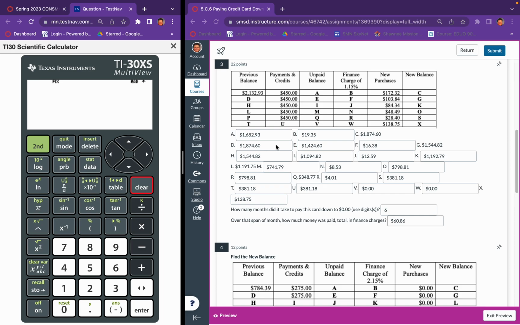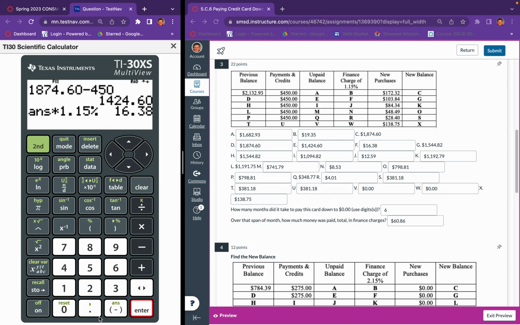Okay, you can stop the video here if you want. I'm going to go back and find if I made a mistake. So C was 187,460. We're making a payment of $450. That's 1424.60 times 1.15%, which is 16.38.